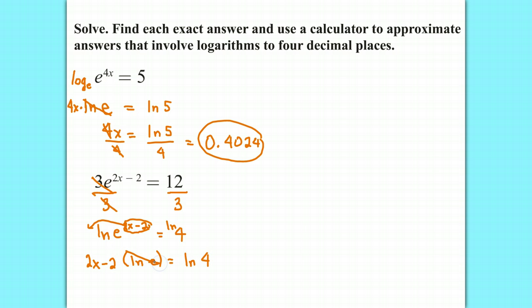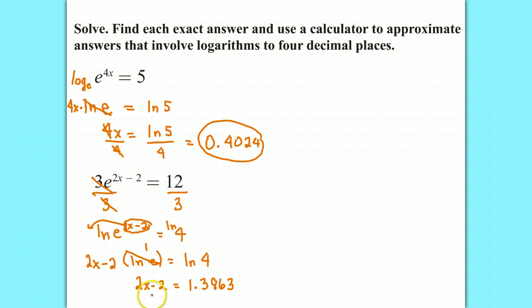And that just cancels out and becomes 1. So I get 2x minus 2 equals the natural log of 4. And you can put that in your calculator, or you can wait till the end, either way. 1.3863. And then just keep going, solve for x.